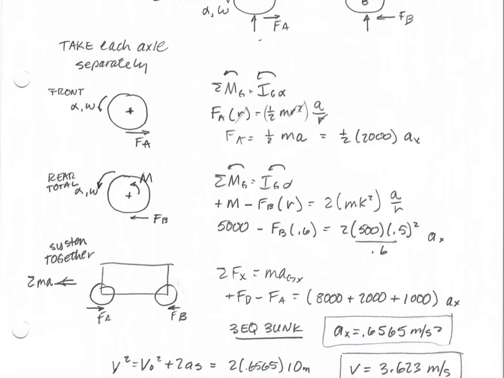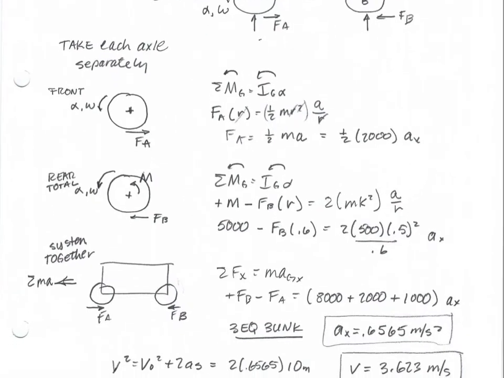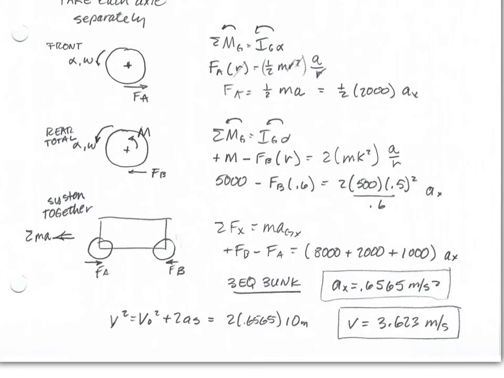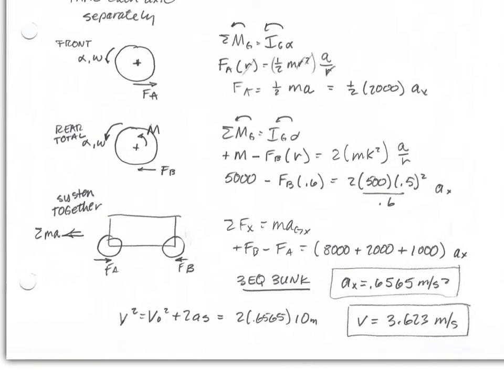I thought I should have, but anyway, I didn't solve that for the force of friction at B like I did there. But what I can do, assuming I did solve it, is put that into a 3 equations, 3 unknowns situation here as soon as I get my force equation.